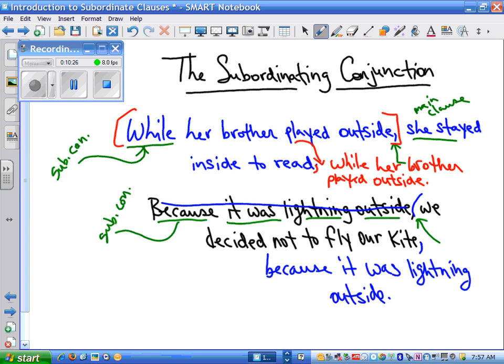So our new sentence: we decided not to fly our kite, comma, because it was lightning outside. So recognizing where the subordinate clause is allows you to think about not just choices with that comma, but choices with sentence structure as well.